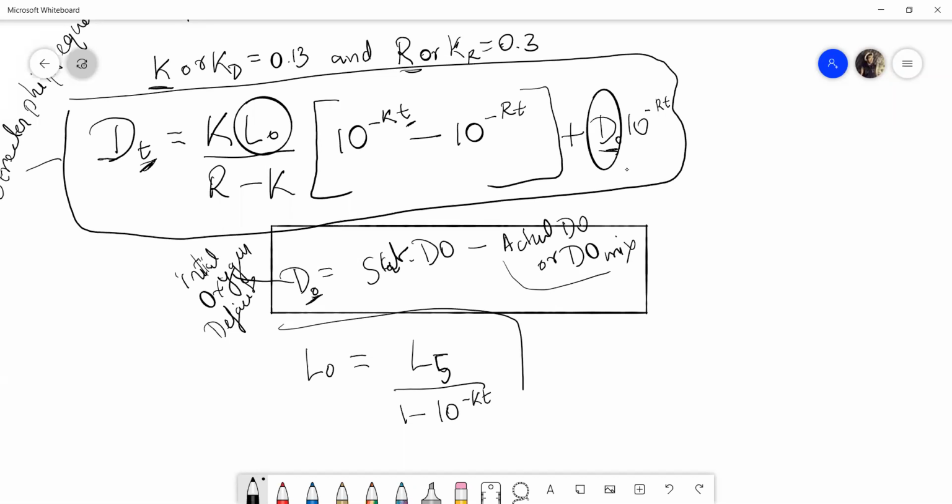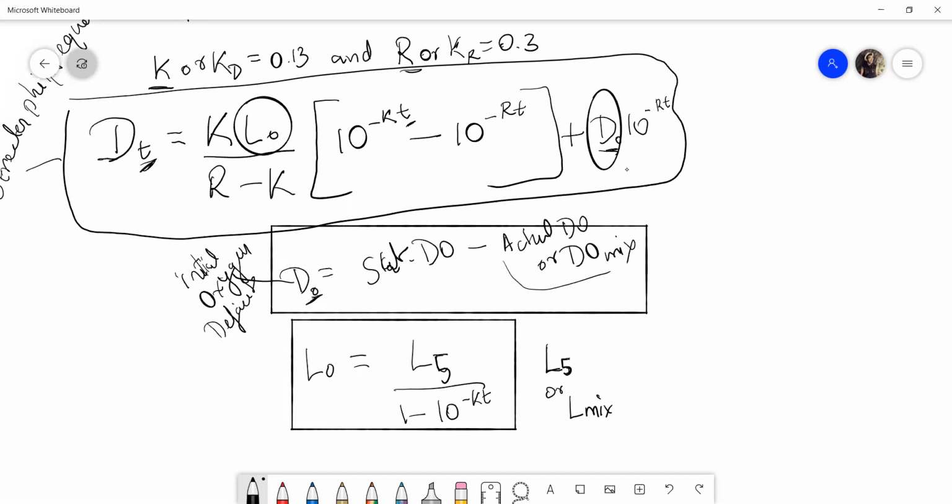Actually, L5 is nothing but BOD, right? L means BOD. BOD at fifth day is nothing but BOD of mix. Similarly, how we had actual DO and DO of mix, in the same way BOD of fifth day and BOD of mix are the same. So BOD of mix is equal to L naught into 1 minus 10 to the power minus KT.